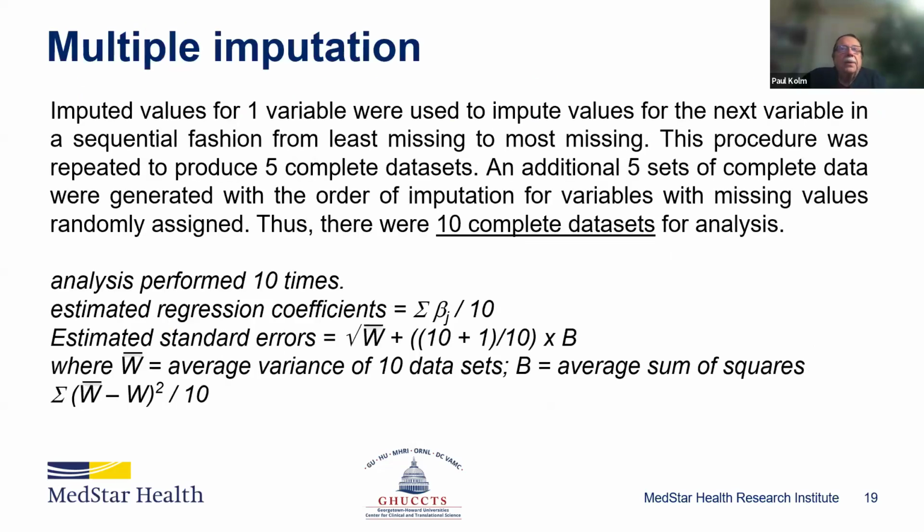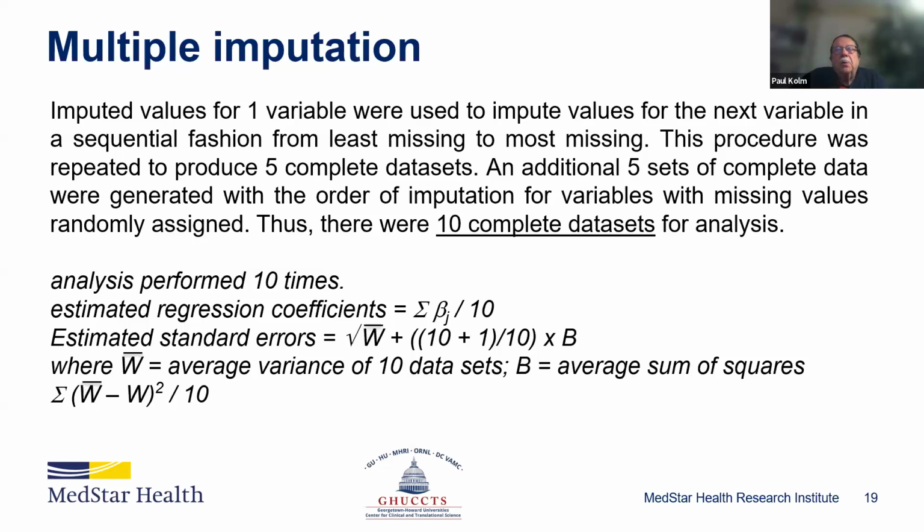As I have talked about before, in terms of multiple imputation, what we did was to produce 5 complete data sets, in a sequential fashion from least missing to most missing, as far as the particular variable was concerned.